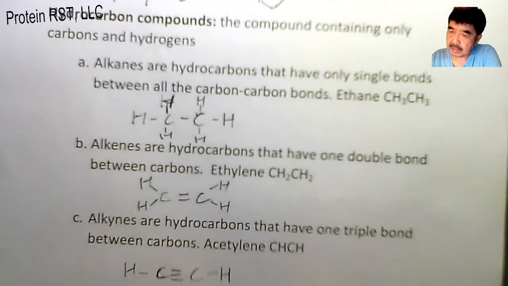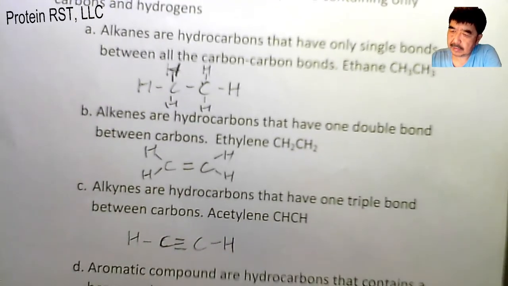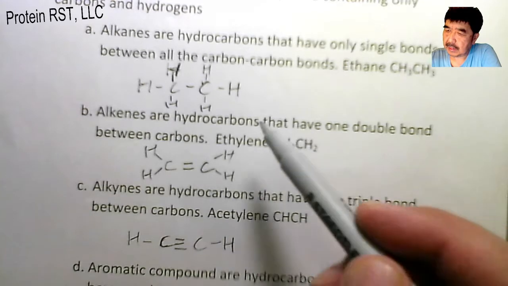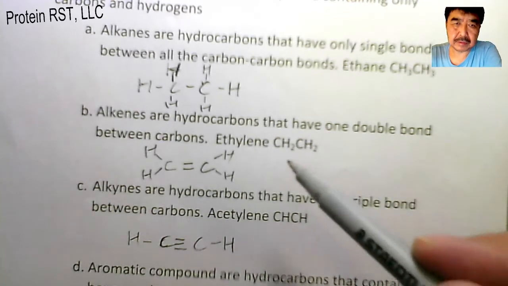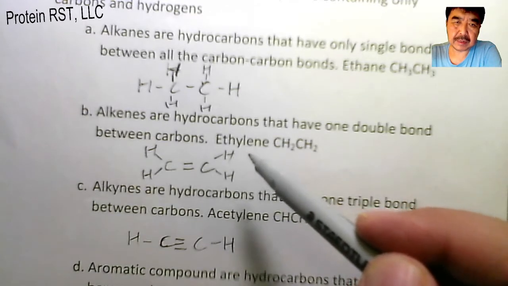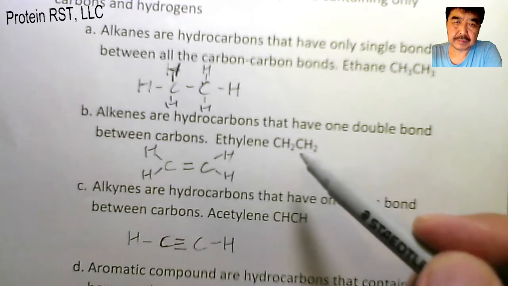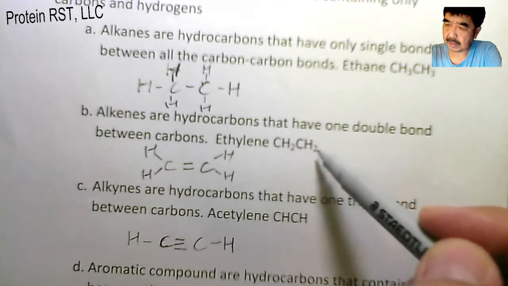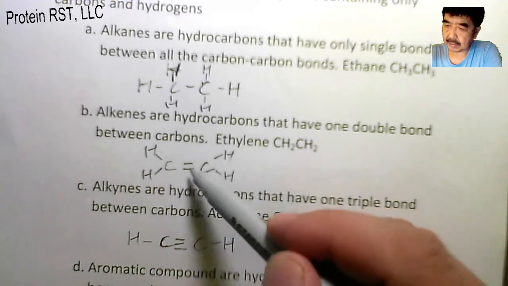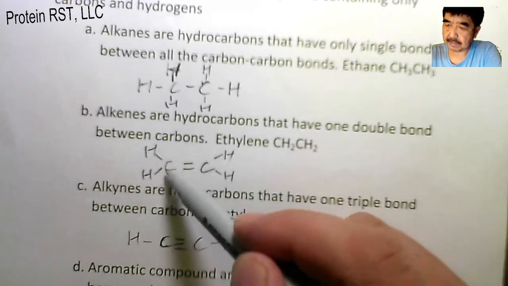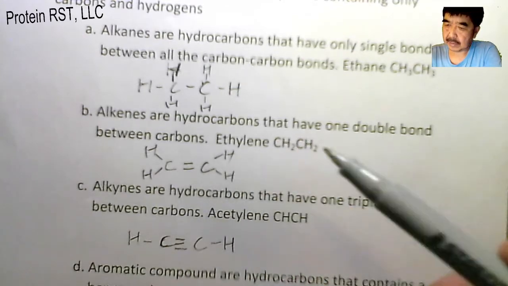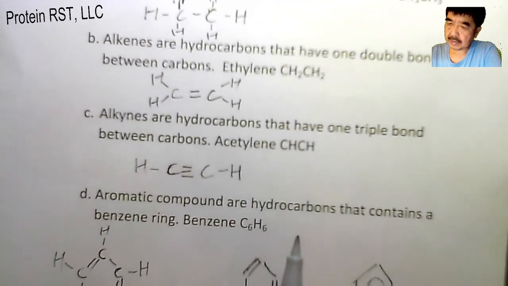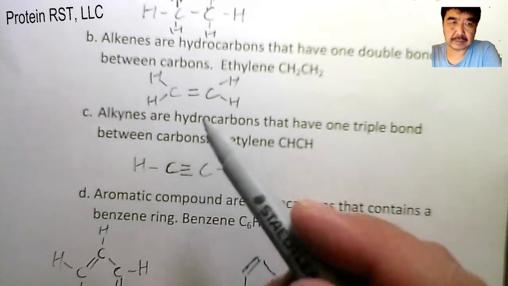Next is called alkenes. Alkenes are hydrocarbons that have 1 double bond between 2 carbon atoms. The example is ethylene, 2 carbons and 4 hydrogens, and you can see a double bond between 2 carbon atoms. Next type is called alkynes.